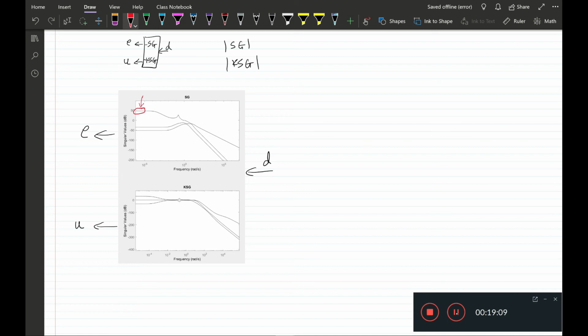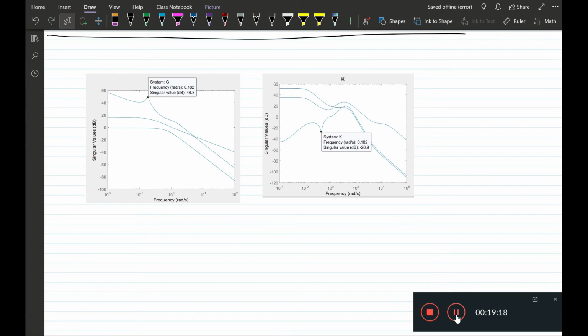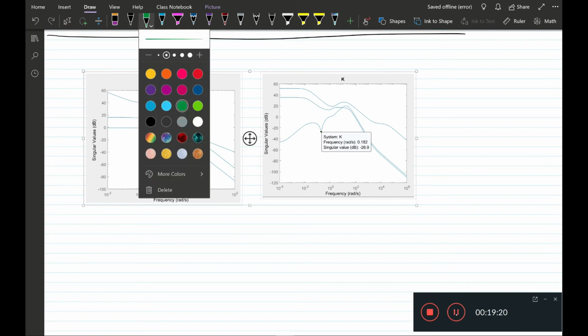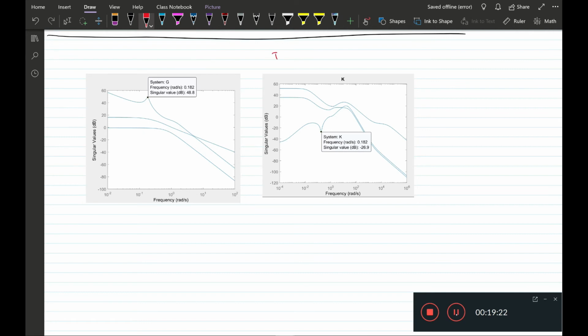Now let's also look at the controller we obtained in our previous design along with the plant sigma plots. So here you see the controller that we obtained for the two-block design with roll-off in K. For this design we obtained a controller whose sigma plots are shown here, and the open loop plant G has sigma plots here.